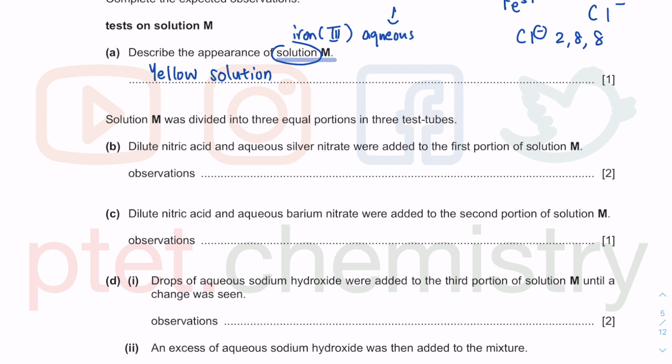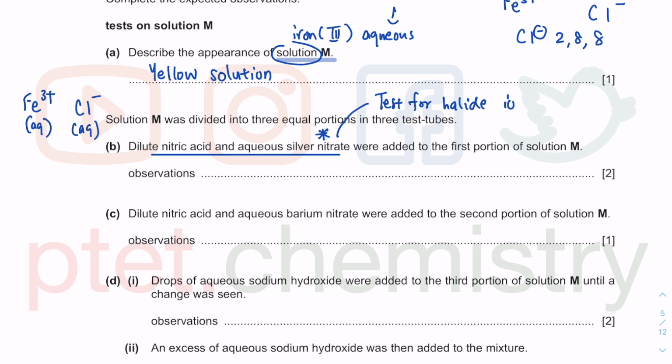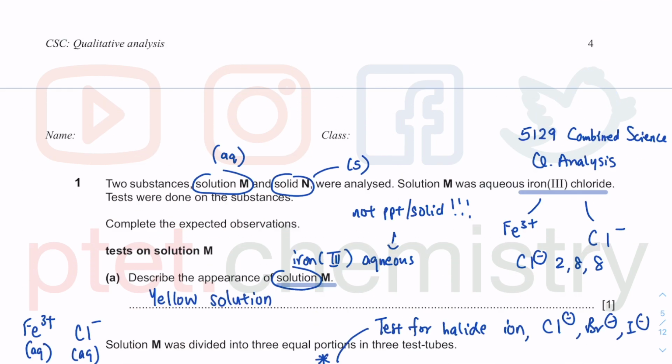We are told that it contains Fe3+ aqueous and also Cl- aqueous, which you need to test for now. Dilute nitric acid and aqueous silver nitrate is basically the test for halide. Halide ions are basically the chloride, the bromide, the iodide. We know chloride is present, so what is our observation?